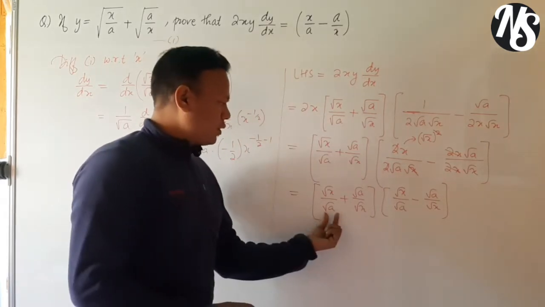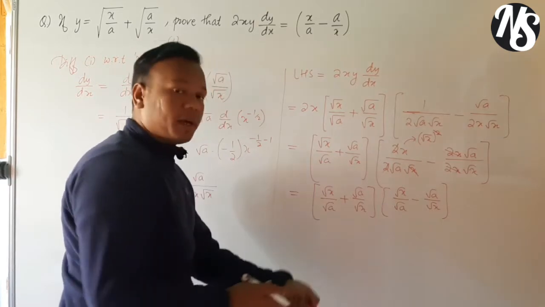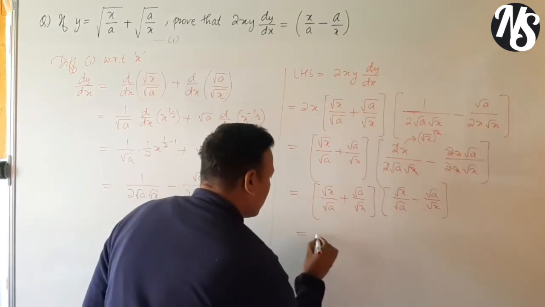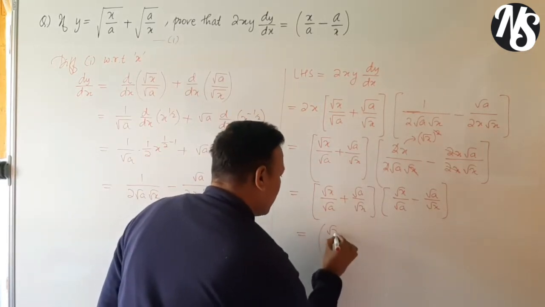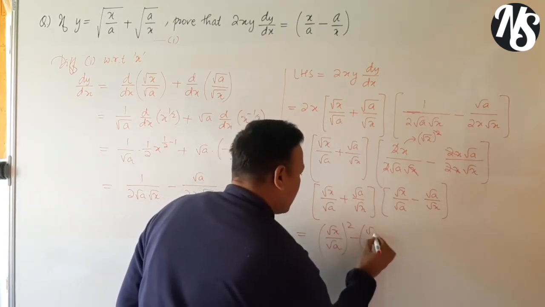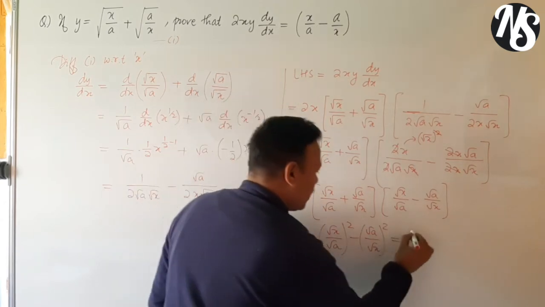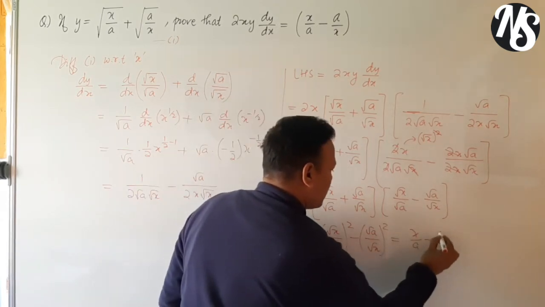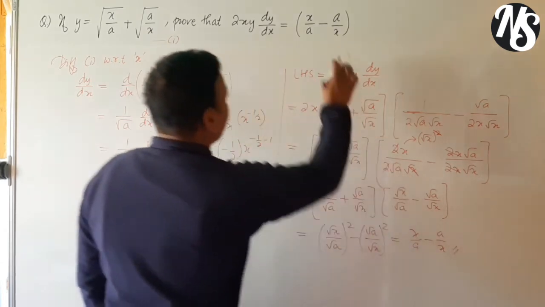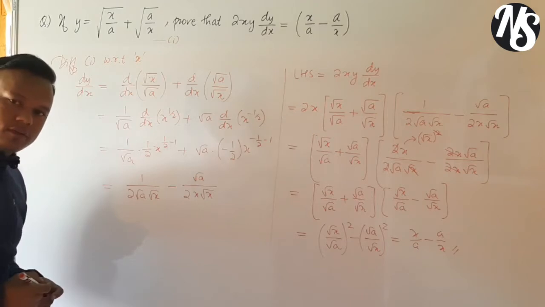Now if you see here, this is a plus b, a minus b, which is a square minus b square, right? So this is root x by root a whole square minus root a by root x whole square, and this turns out to be x by a minus a by x. So that's what we need to prove, right? You may pause the video and note it down.